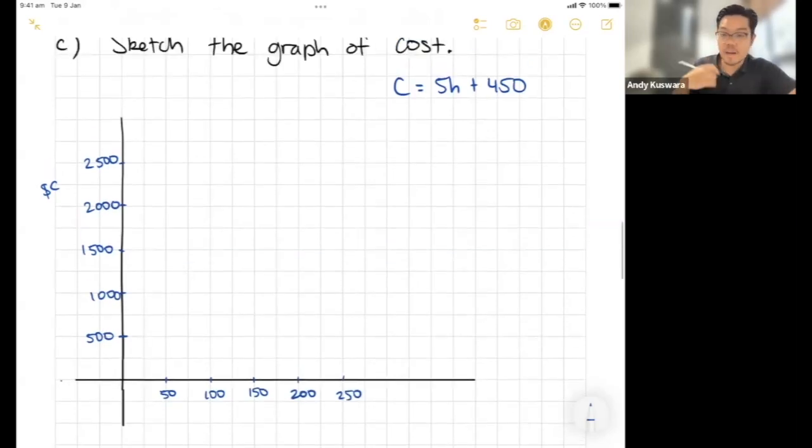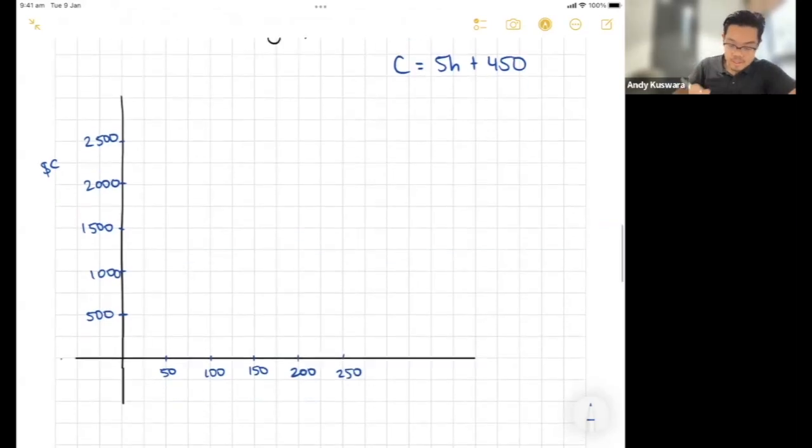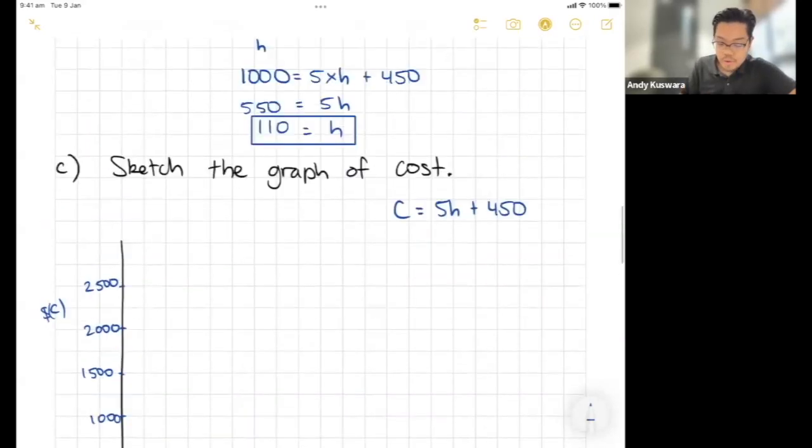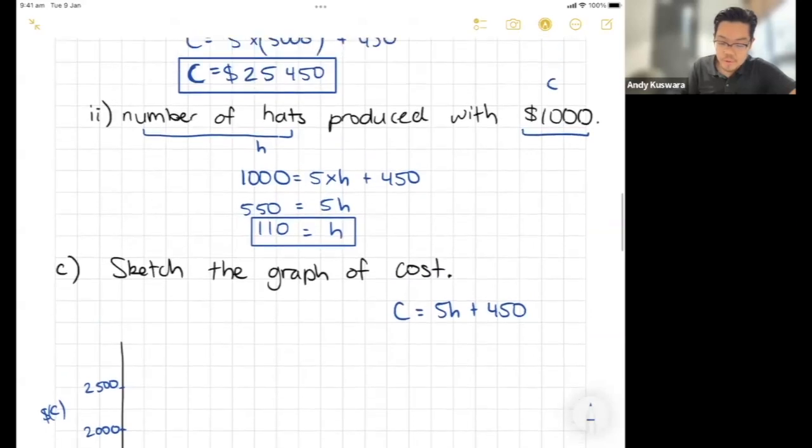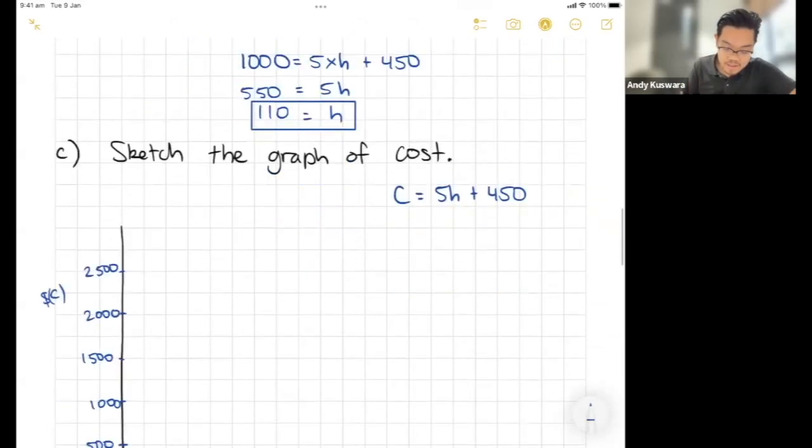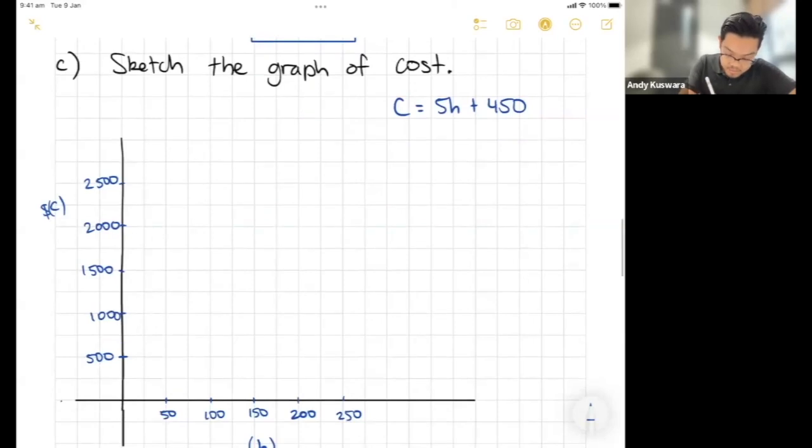Sometimes you will have to pick your own appropriate scale, and you will need to label that's for hats, that's for cost. And here, we already know 1 point for sure. We know that with $1,000, we can make 110 hats. So 1,000, 110, I'm going to say is approximately there.